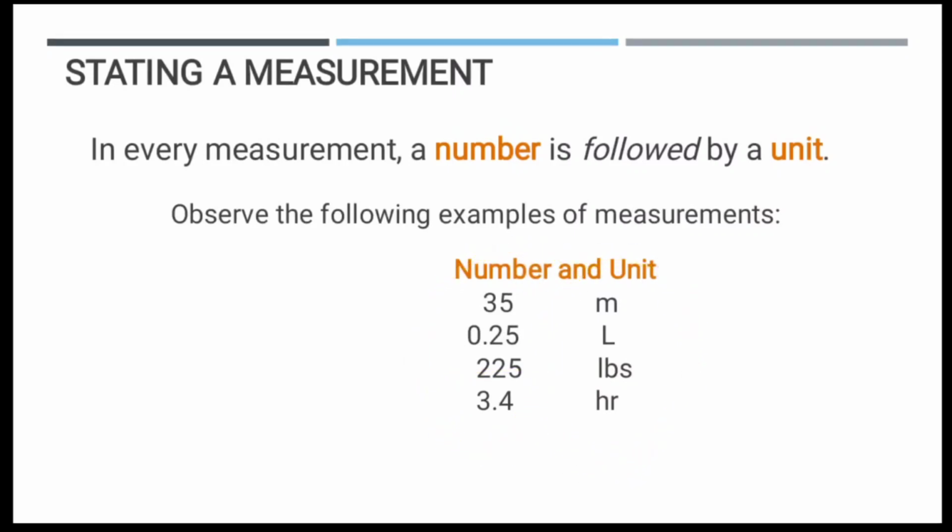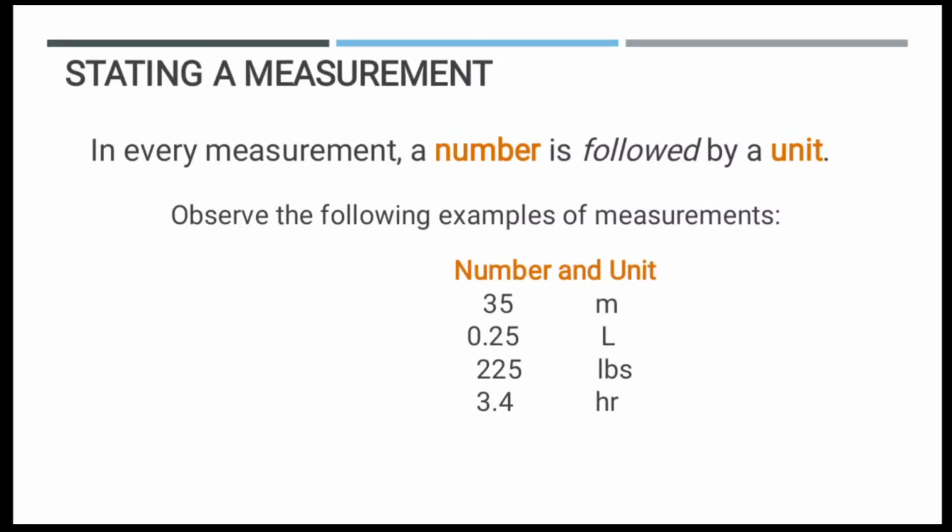It is really important to include the unit in every measurement, for us to identify how long or how heavy an object is. For example, you weigh a watermelon but there is no unit. Say the watermelon is 35.